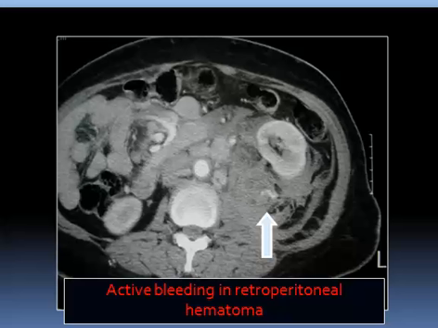Thus the left kidney is pushed forward, and the active bleeding is indicated by this contrast seen seeping or leaking around within the hematoma. So this is a large retroperitoneal hematoma with the kidney displaced forward.